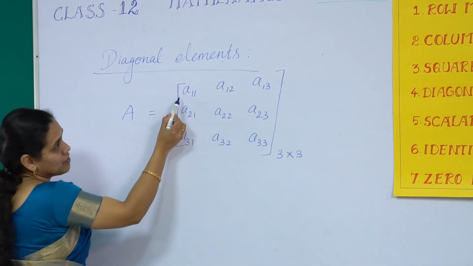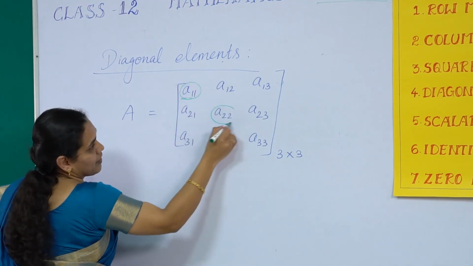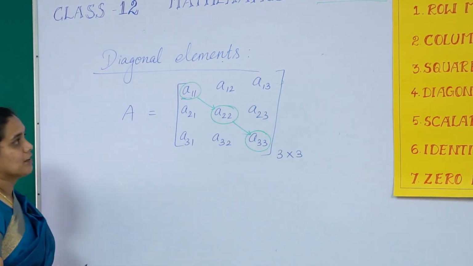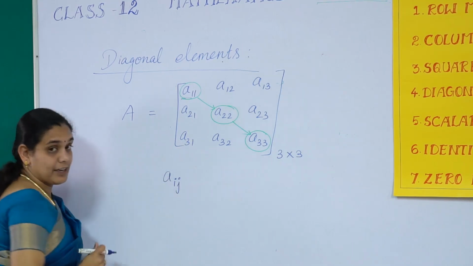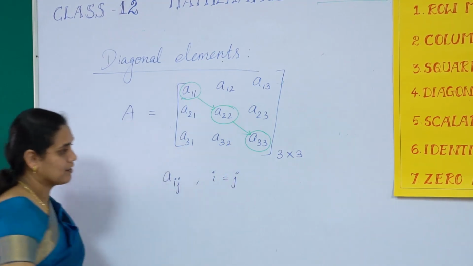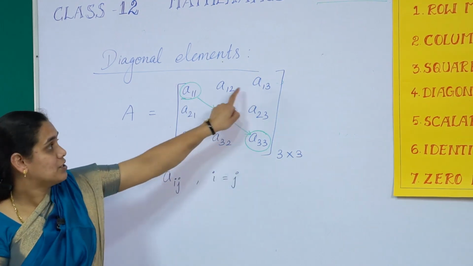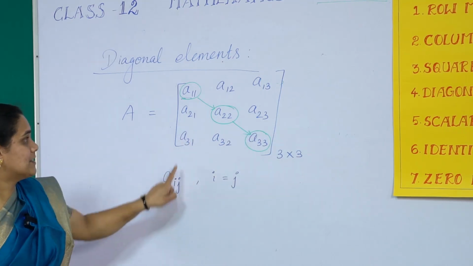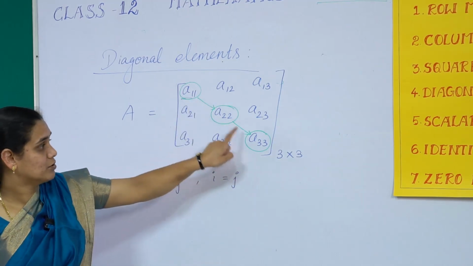If you see these elements, only these elements Aij, where i is equal to j. See, here 1, 1, 2, 2, 3, 3. But if you see the other elements, it's not the same. See, only these elements have the row and column numbers the same: 1, 1, 2, 2, 3, 3.